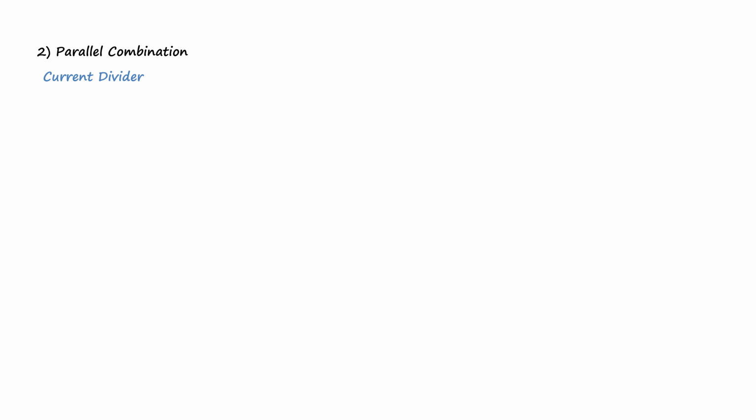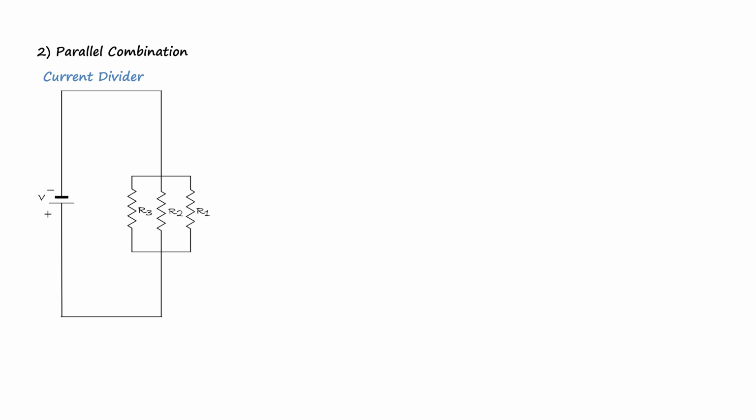Let us take this circuit with three resistors in parallel. For these three resistors, you can try to solve the current divider formula for I1, I2 and I3 by yourself, but the formula is given as follows.